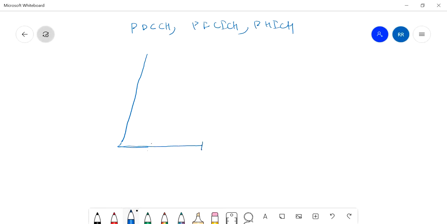So this is 1 millisecond on the time domain. This is the frequency domain again. Suppose this is 1 millisecond, and let's divide it into 0.5 milliseconds. One resource block with 12 subcarriers.